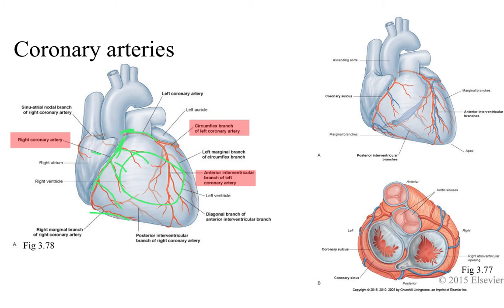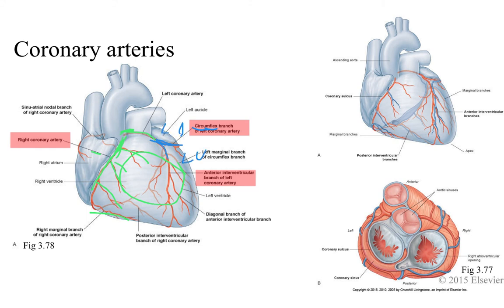The left side of the heart, on the other hand, branches into what we call the circumflex artery. All right, circumflex tells you that it's going around and flexing, so it's going around the left ventricle between the left atrium and the left ventricle.